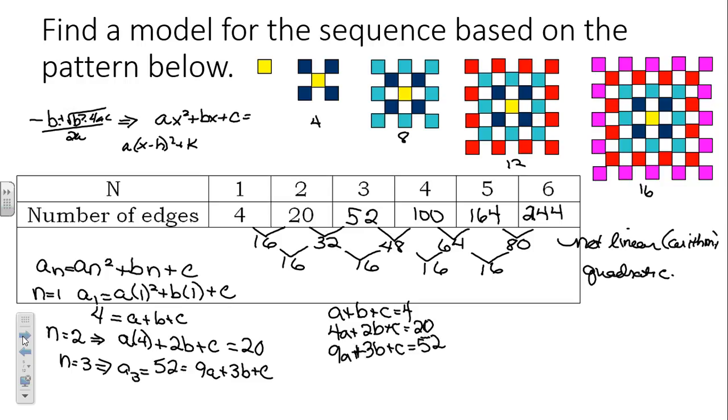We also know that we could use our graphing calculator to find the inverse matrix, the inverse of A times the answer. And then we also have Cramer's rule. So we have tons of ways that we can solve this. Make sense? Which one do you want to use?